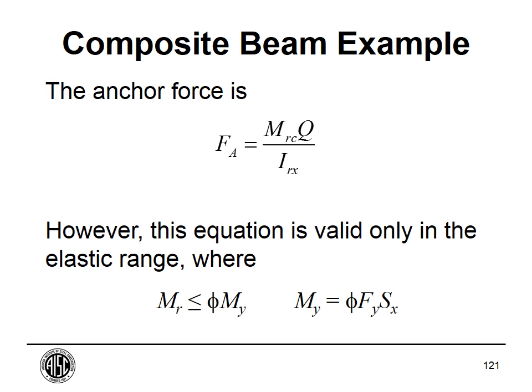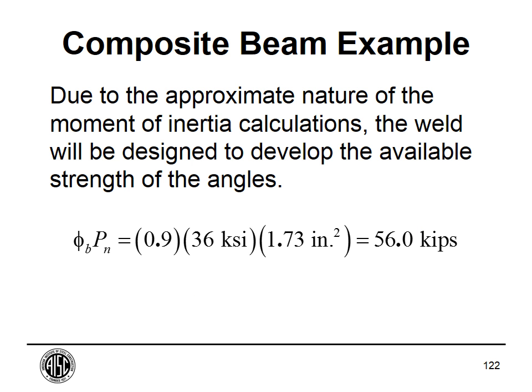But the problem is that that's an elastic solution, and we just used the plastic modulus to calculate our beam strength. So it would not be correct to use MQ over I here. So let's move on and see what we can do.